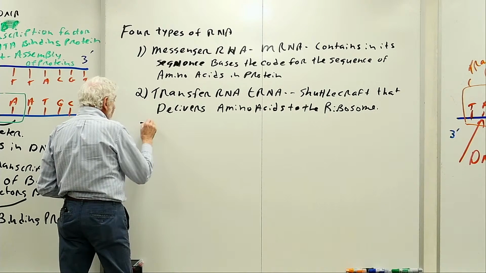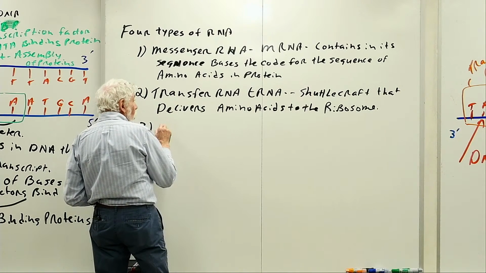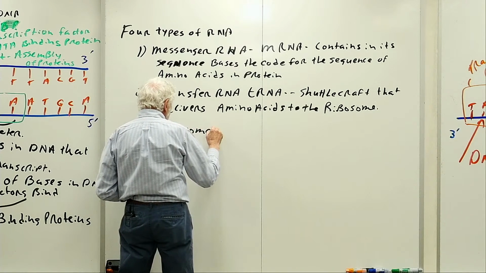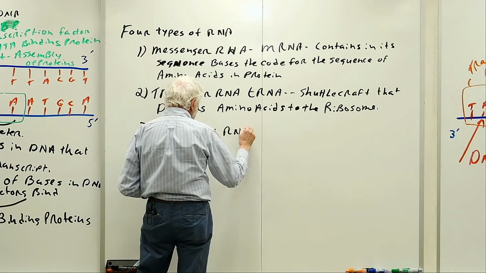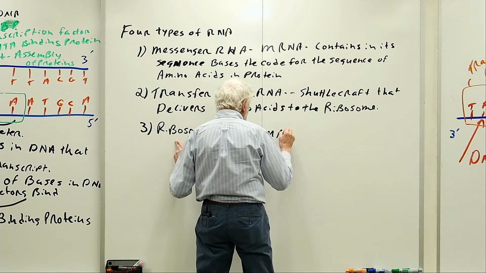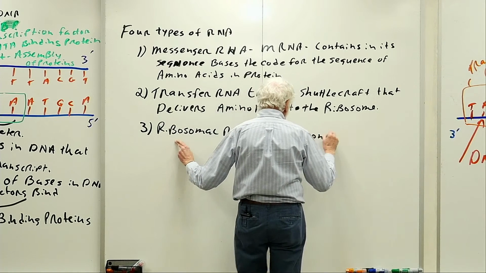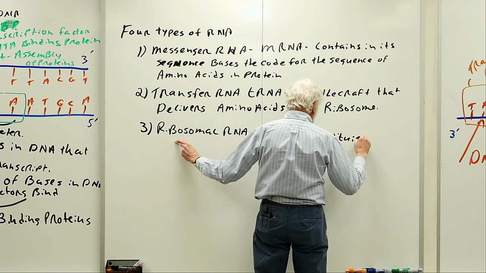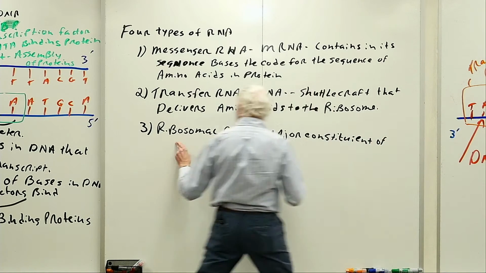The third kind of RNA is called ribosomal RNA. And this type of RNA is the major constituent of ribosomes.